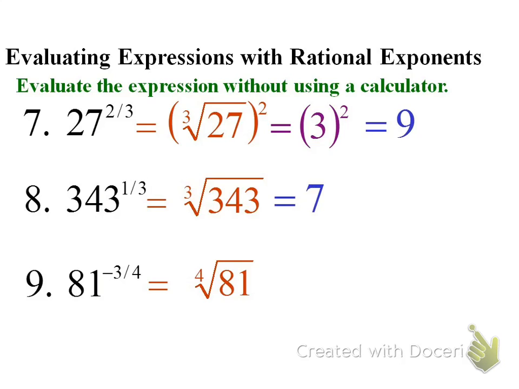Now, you have some options here. You can take 81 to the negative 3 power, or you can deal with your root first and then take it to the negative 3rd power. I think it's easier to do it afterwards. You can experiment with both if you'd like, but this is the way I'm going to think of it. Because what is the 4th root of 81? 3.